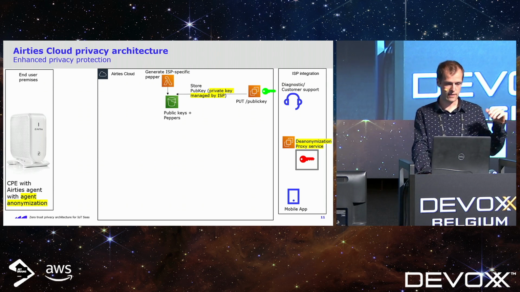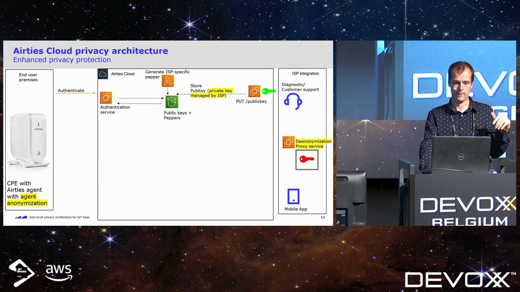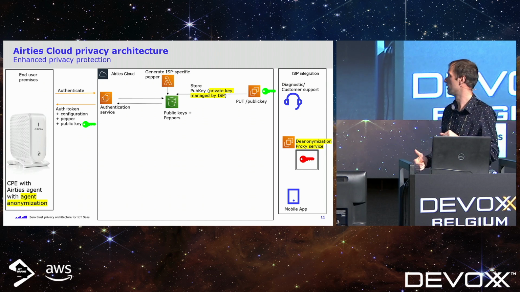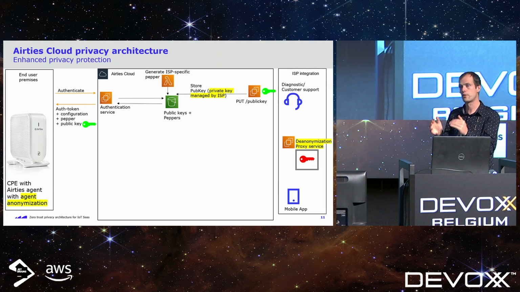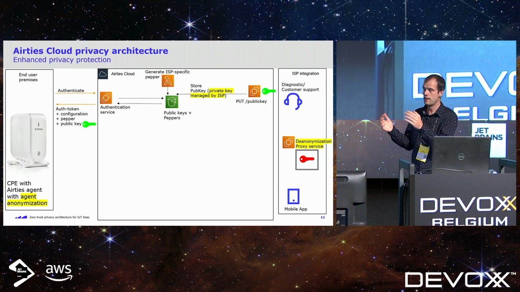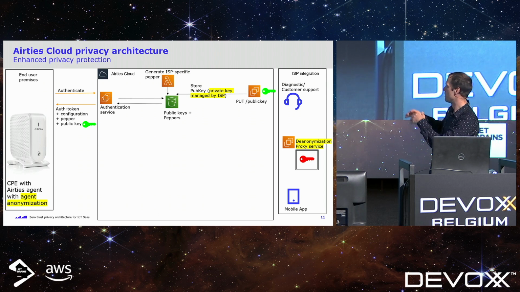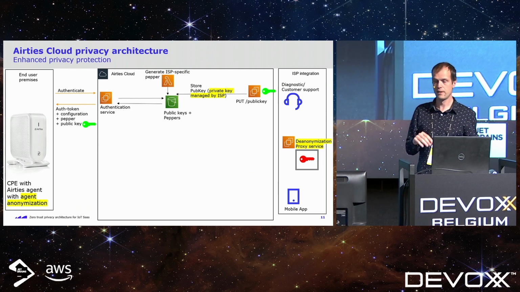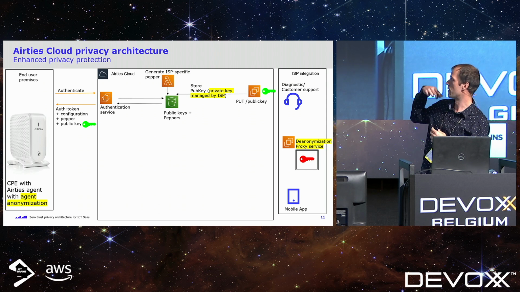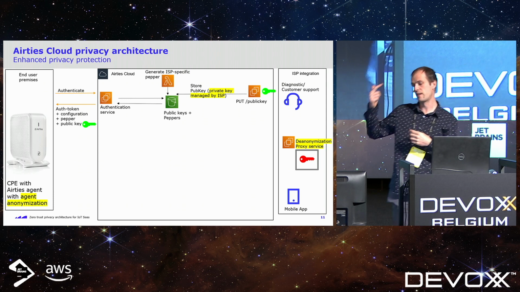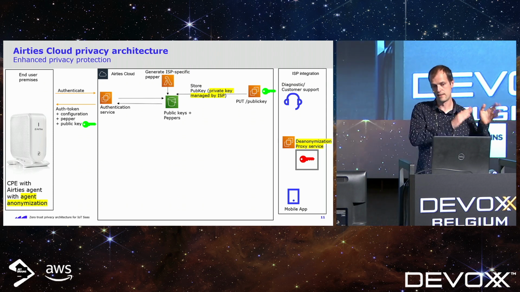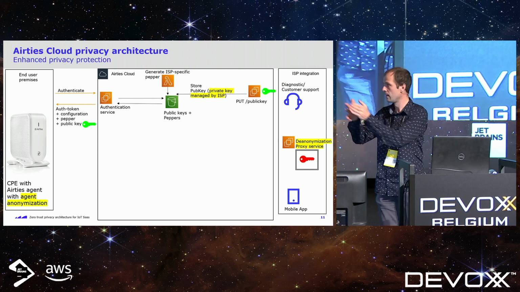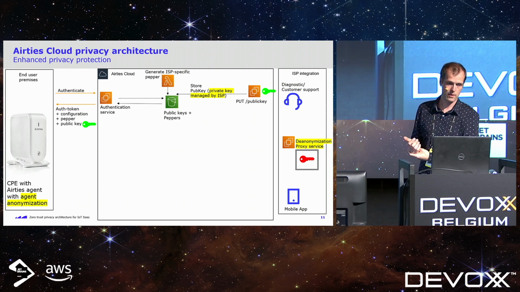Every time an access point authenticates to our authentication service, it will receive a bunch of configuration, and that configuration also contains the pepper of the day, or of the month, or of the week, and a public key. Also here, our authentication sessions, we try to keep them very short and rotate them frequently. It's a principle we apply in a lot of places in our system.